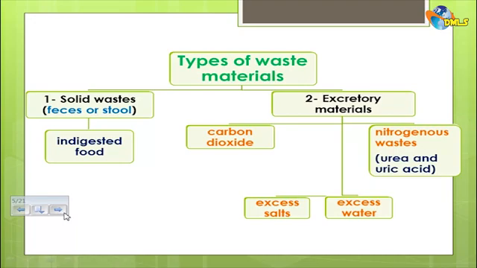The second type is excretory materials. They can be carbon dioxide, nitrogenous wastes like urea and uric acid, excess salts, and excess water. Each of these excretory materials needs a special organ to expel it out of the body.